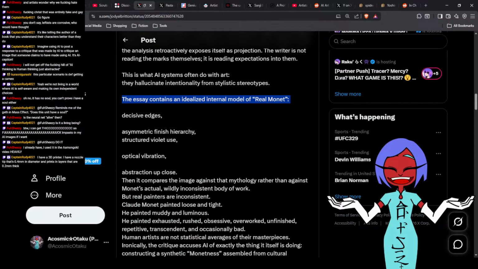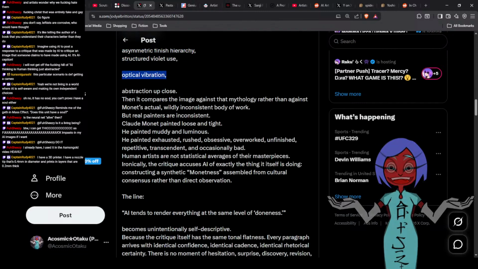The essay contains an idealized internal model of a real Monet. Decisive edges, asymmetric finish hierarchies, structured violet uses, optical vibration. By the way, still don't know what the fuck this means. Abstraction up close. Then it compares the image against that mythology rather than against Monet's actual, widely inconsistent body of work.